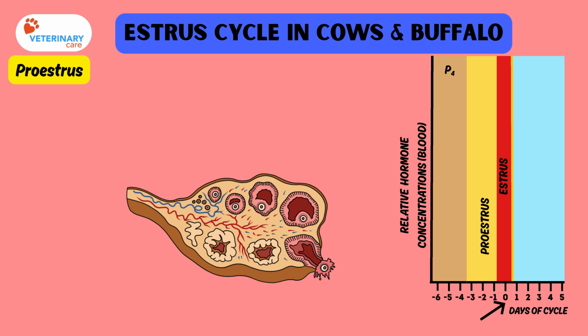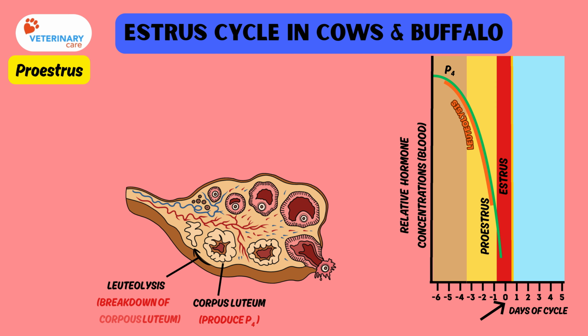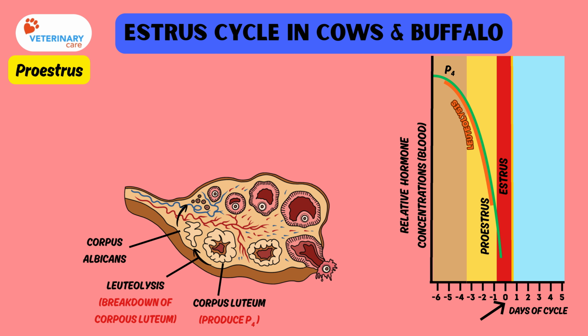Proestrus begins when progesterone levels decrease due to luteolysis, which is the breakdown of the corpus luteum. This stage lasts about 2 to 5 days, depending on the species. There is a hormonal shift from progesterone dominance to estradiol, E2, dominance.